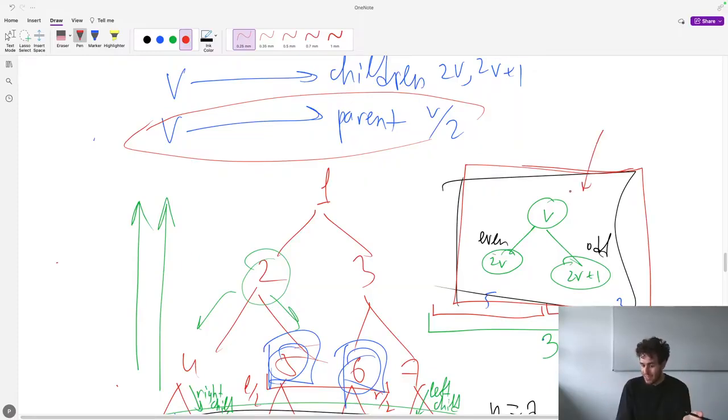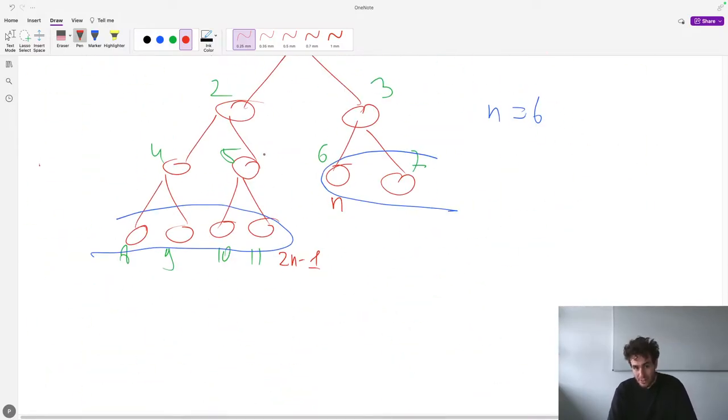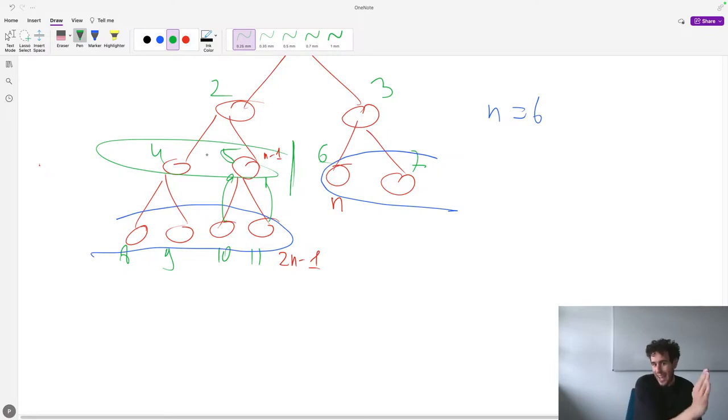Parent of a vertex is v over half. So the parent of 2n minus 1, this vertex, is n minus 1. 2n minus 1 halved is n minus 1. So you see that even though these guys use this level for parents, it's still disjoint from these guys, because these guys start from n, and these guys end at n minus 1. So there is no intersection.